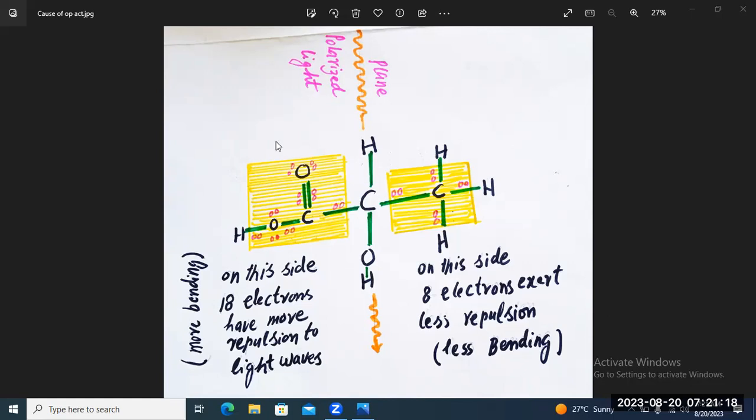This bending of the light, after coming to the analyzer, would show the optical rotation. And similarly, you can see the examples of non-optically active compounds in a similar way, by seeing the environments of the electrons on both sides of the carbon. So this is all about this lecture regarding optical activity.